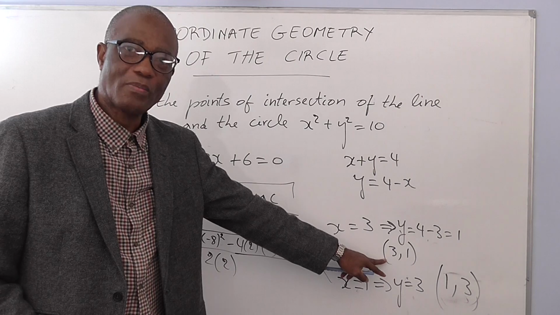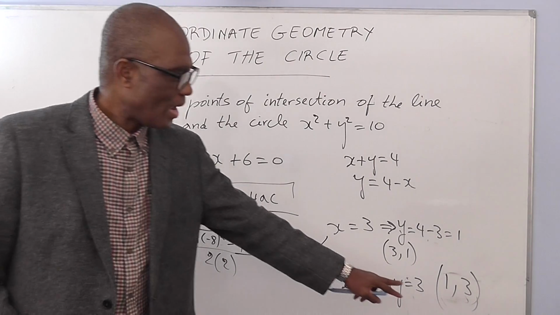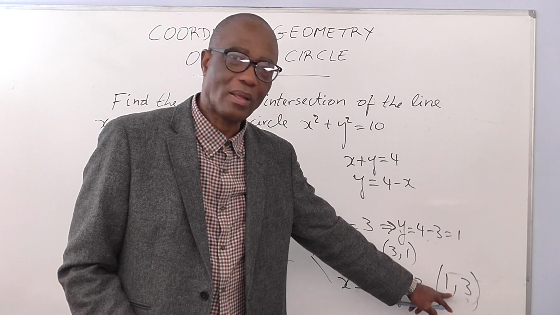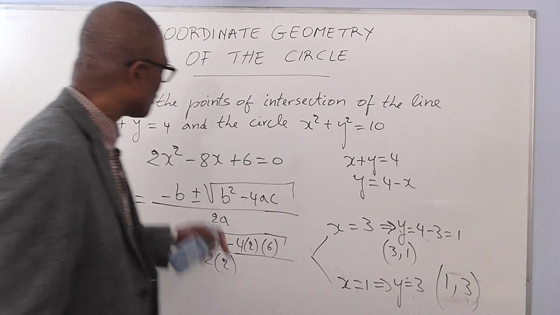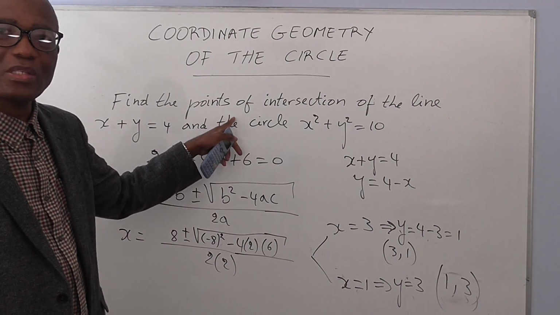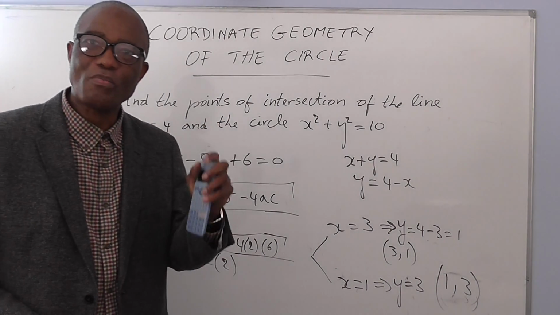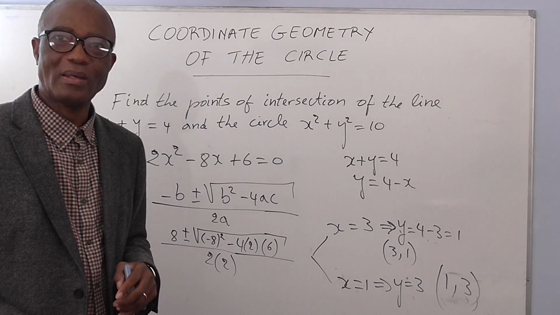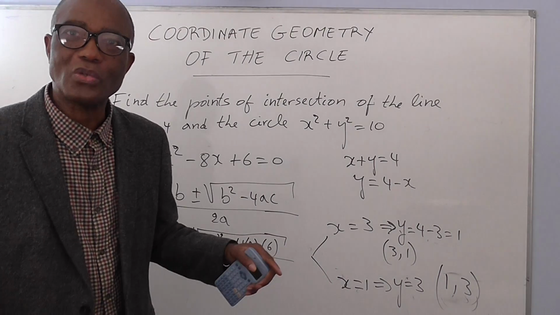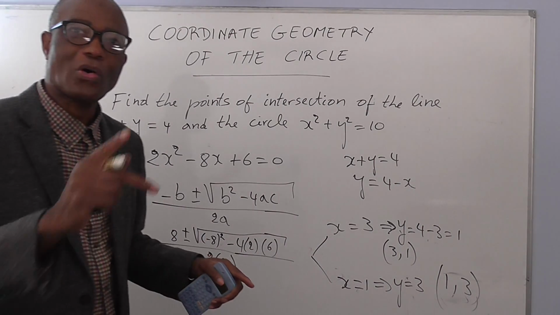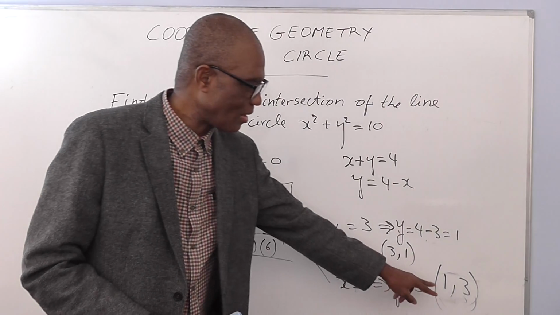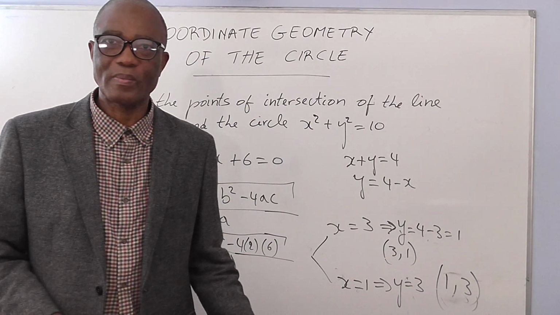The coordinate of the first point, and here the coordinate of the second point. Find the points, that means we have more than 1 point, but not 3. Not 1, not 3, but only 2. So we have the first one and the next one there.